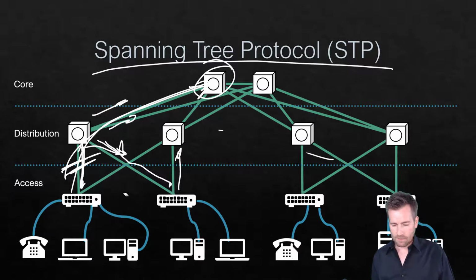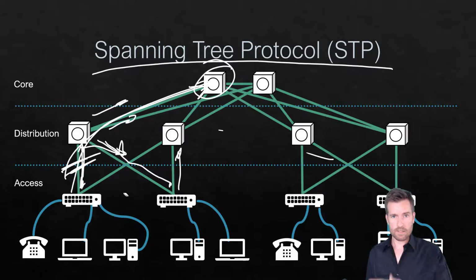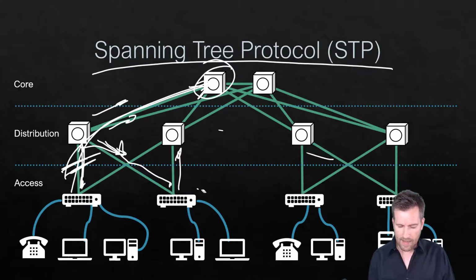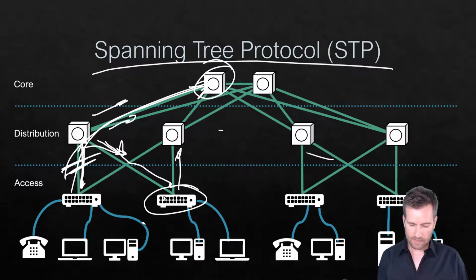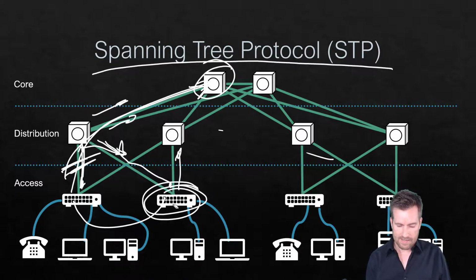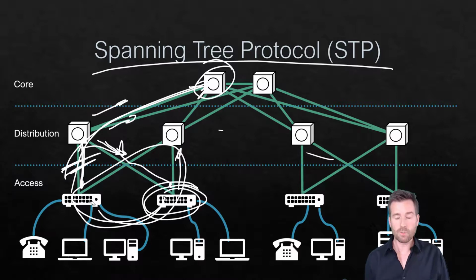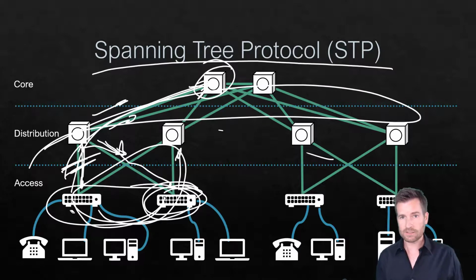One other example of STP, even in smaller networks that aren't these big redundant networks: I've had access switches where at the end of the school year, the janitors will unplug all of the equipment. Then when they plug all the equipment back in, a switch will get double plugged into each other, and these devices once again create a loop, which creates a broadcast storm, and it will cripple the whole network, even though it's only isolated to a small section of the network.